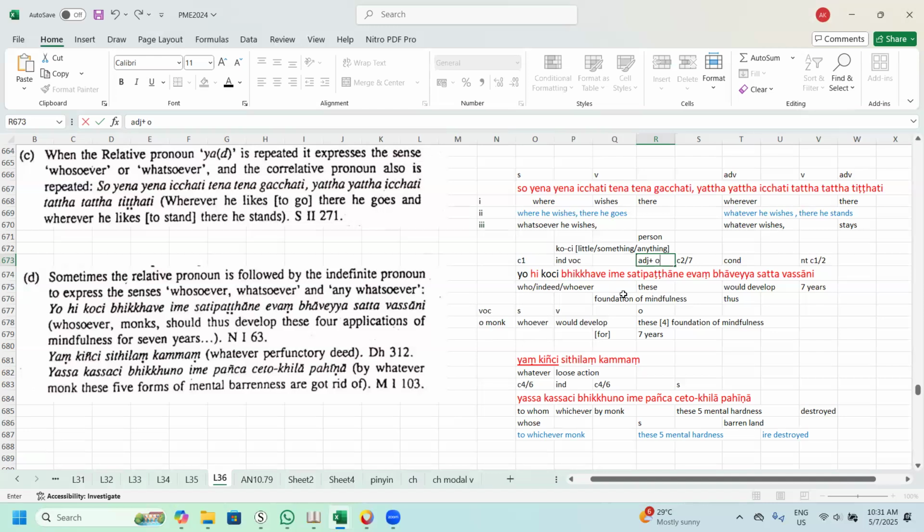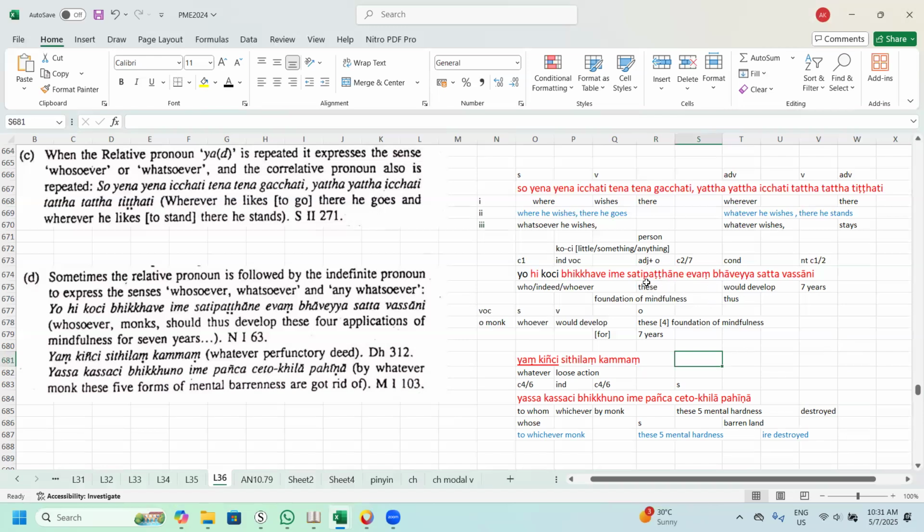So satipatthane is the accusative. So that means here it means that would develop these four. These four, the four is not mentioned because here it is satipatthana. Satipatthana, you can see the word thana means stand.